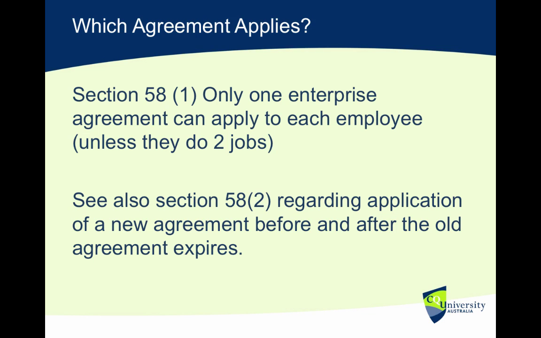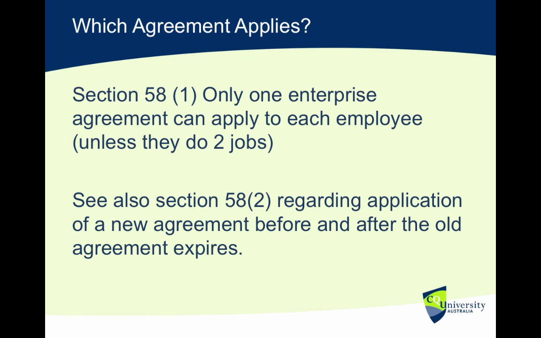Which agreement applies? Well, you might have multiple agreements within an enterprise. That's entirely possible. So you might have an enterprise agreement which deals with some employees and another one that deals with different employees. If you have a look at the university, for example, it's got a couple of enterprise agreements on the go at the moment.